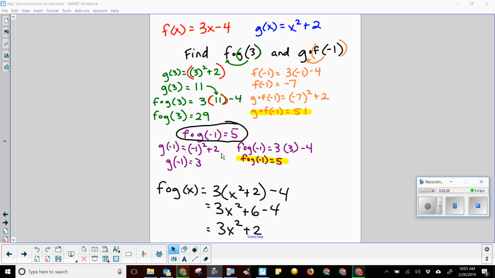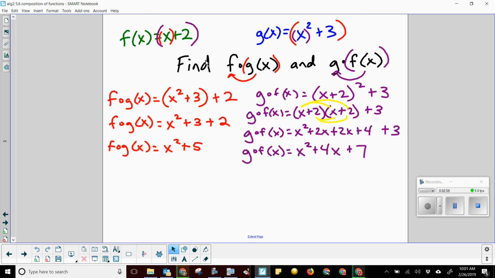We do negative 1 squared plus 2 is 3. 3 gets plugged in, and these are two different answers because we did our order of operations in a different order. I'm going to come back to this. Go ahead and write it down, though. It may help. We plug into one, get an answer, take that answer and plug it into the other one, and just make sure we label it: this is the way we went. We did g first and then f, or we did f first and then g.